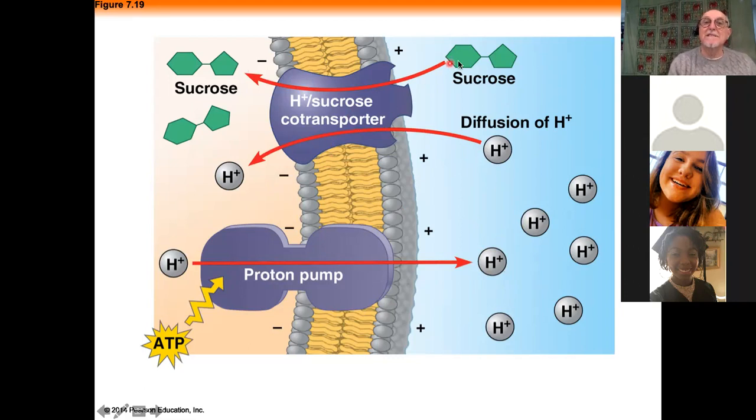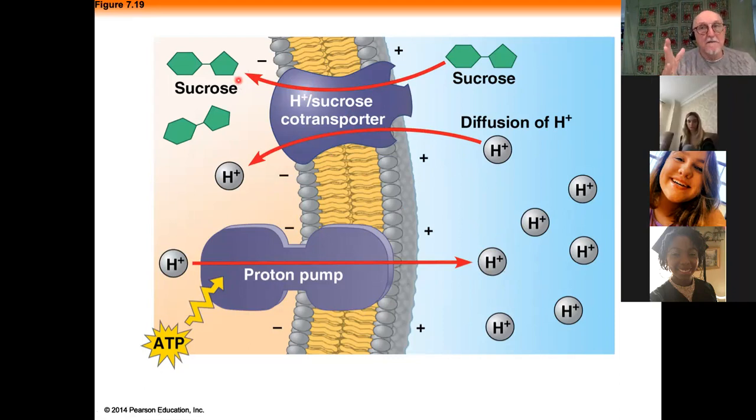In this case, what it's doing is it's taking sucrose and pumping sucrose into an area where there's already a high concentration of sucrose. Maybe this is a plant cell that is accumulating sucrose, for example. So it's still an active transport system, but it's just that a different protein here, the proton pump, is the one that actually expends the energy.